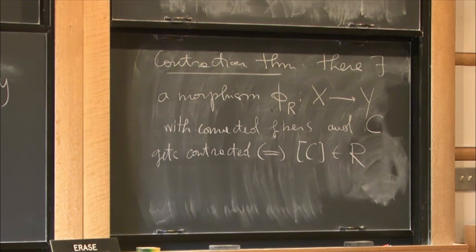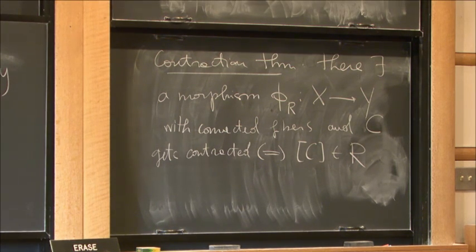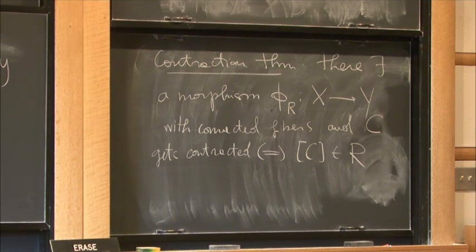And so how do we prove this? So let me do it quickly. So say F is a fiber, and C a curve in F. So C gets contracted, so it has negative intersection with the canonical class. And since K_X plus D is nef, then we know that D dot C has to be positive.